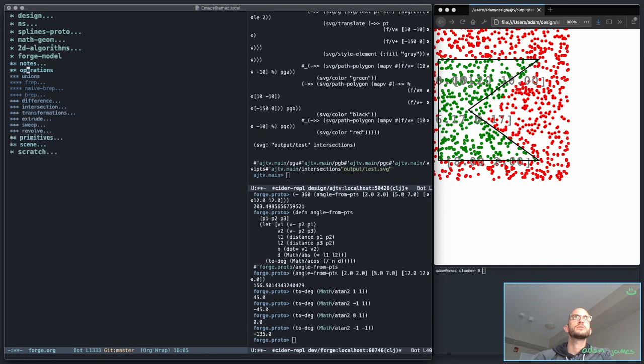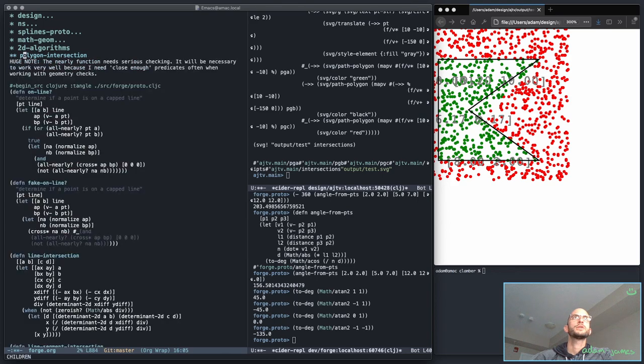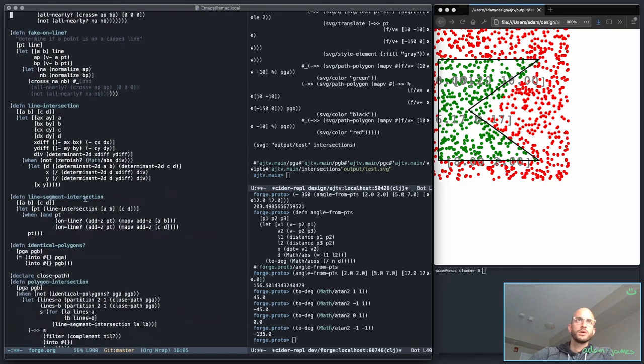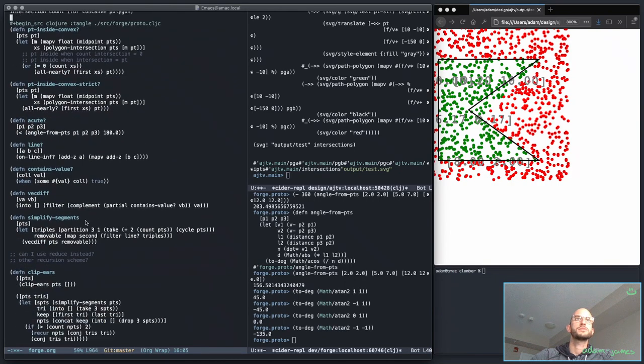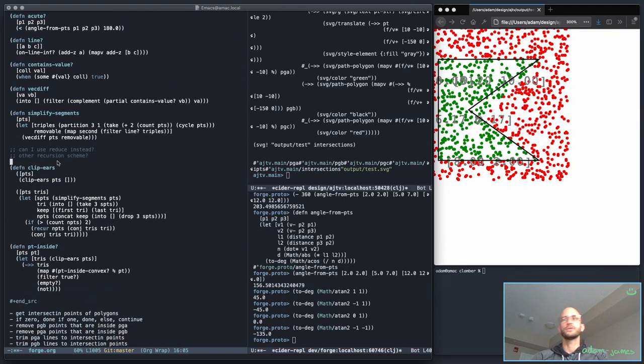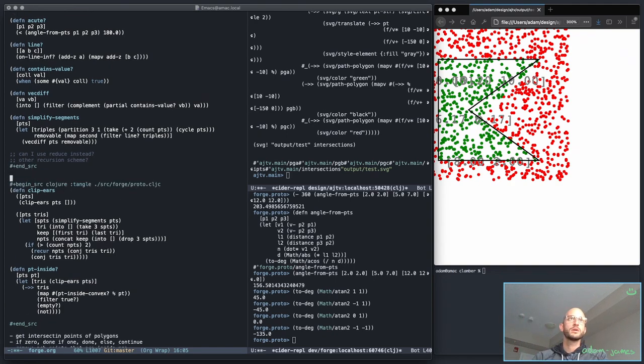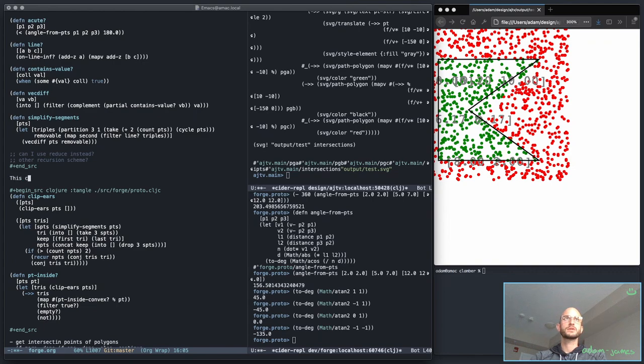Oh yes, here. Polygon intersection. Clip ears is the spot. Here we go. I have to write some notes to myself anyway. This clip ears algo doesn't work in all cases.